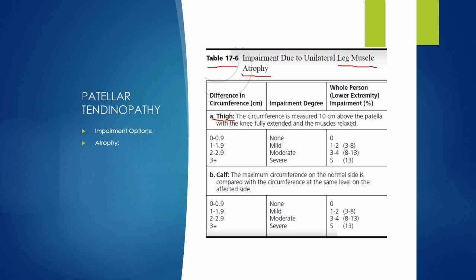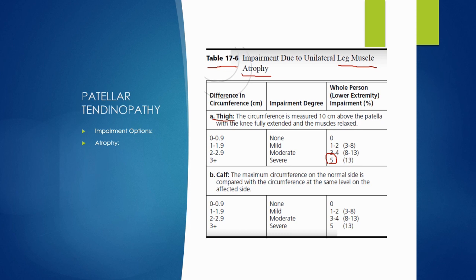So impairment values for muscle atrophy range from 1 to 2% whole person to as high as 5% whole person impairment in those cases where the thigh is atrophied 3 centimeters or more. Remember, 1 inch is 2.5 centimeters. So this is really not a lot of atrophy.